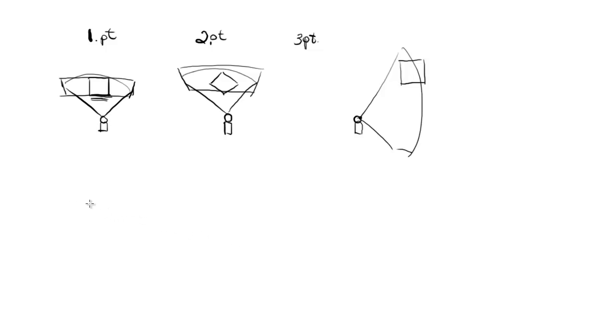Okay, so with 1-point perspective, we're looking at this here. The first thing with 1-point perspective is that you need to realize your vanishing or your horizon line. The horizon line is how you are looking at the figure. Let's just draw the horizon line like so, and the horizon line can change with the way you are tilting your head or whatever you want to do.